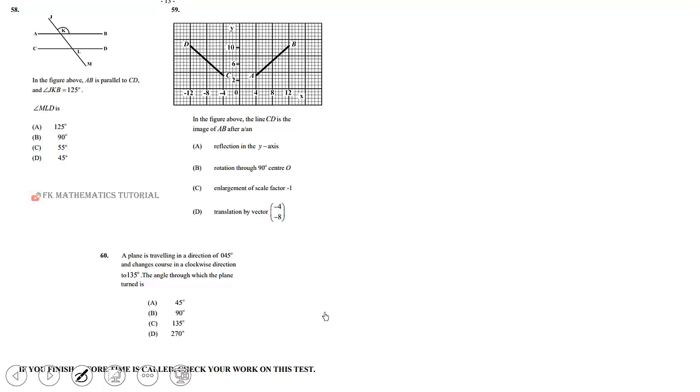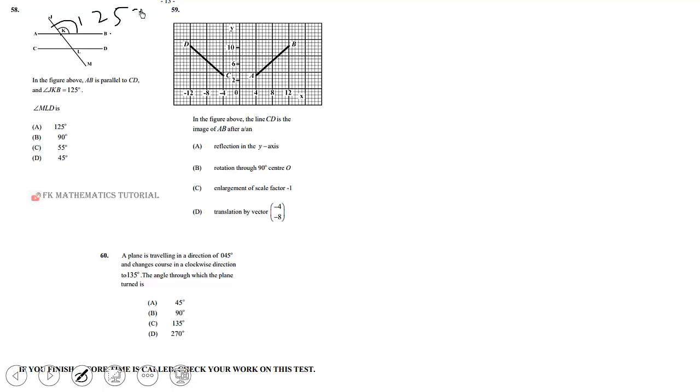Question 58. In the diagram, the figure above AB is parallel to CD and angle JKB is equal to 125 degrees. Angle MLD is what? So JKB is 125 degrees here.